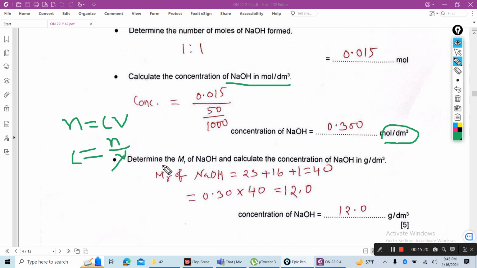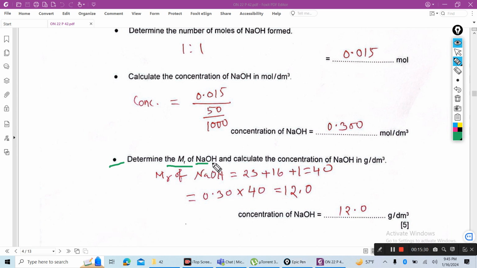Now the next question is asking, determine the Mr. Mr means relative molecular mass of sodium hydroxide, and calculate the concentration of sodium hydroxide in gram per dm cube. So Mr, relative molecular mass of sodium hydroxide, equal sodium 23. So 23 is the relative atomic mass of sodium you will get from periodic table, plus oxygen 16 and hydrogen 1, 40.